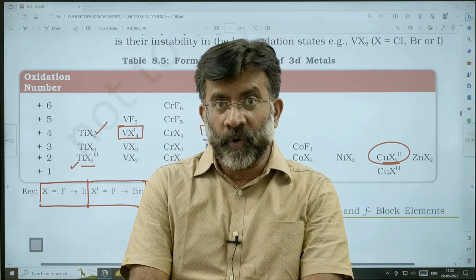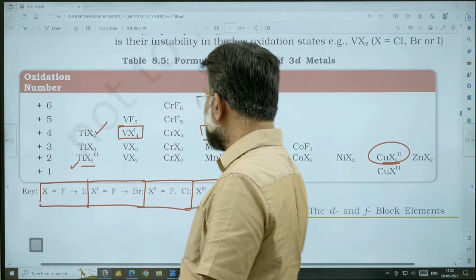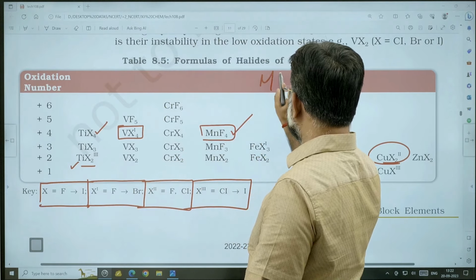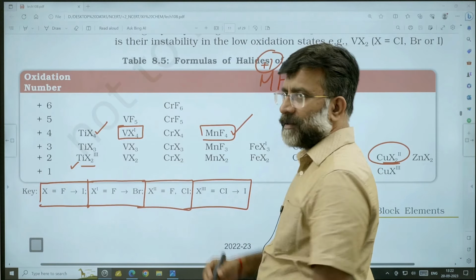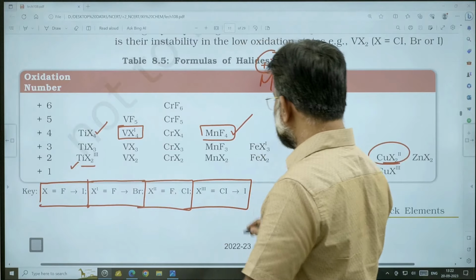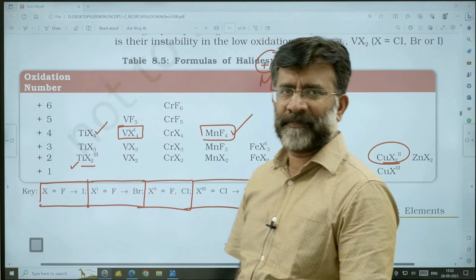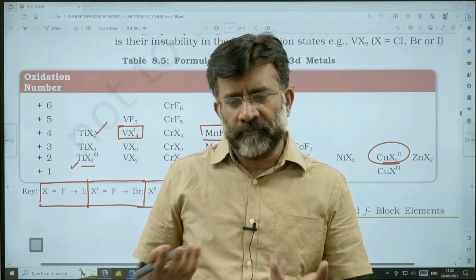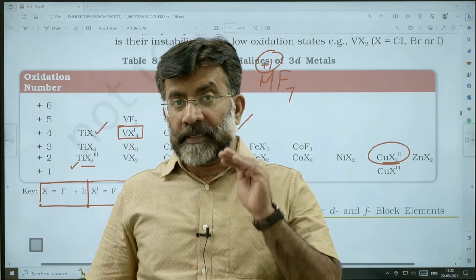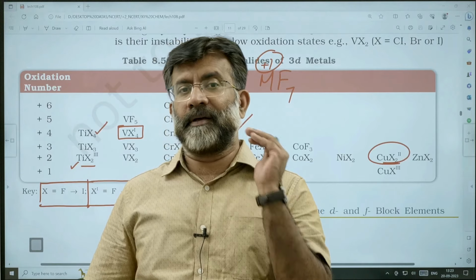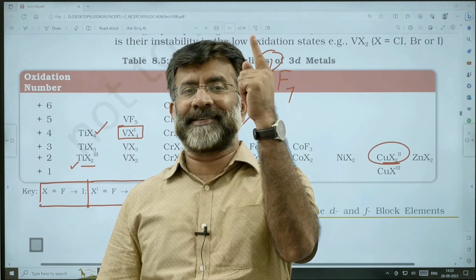If it were so, we know manganese has a +7 state, there should have been MnF7, with manganese in the +7 state. That is not observed. The maximum observed is the +4 state. So fluorine is not found to be performing well according to its basic character. Fluorine is always helping other elements reach the highest oxidation state.